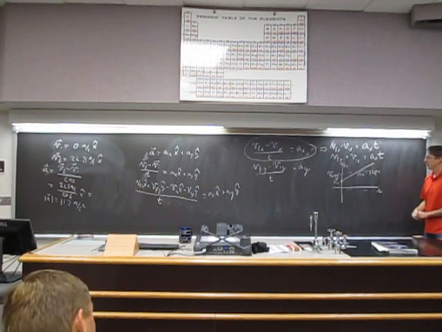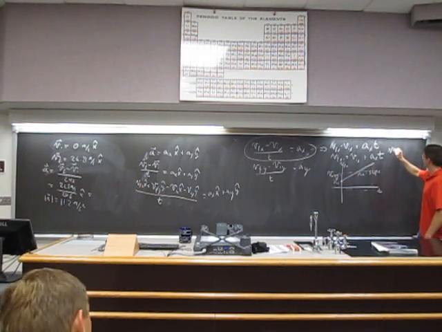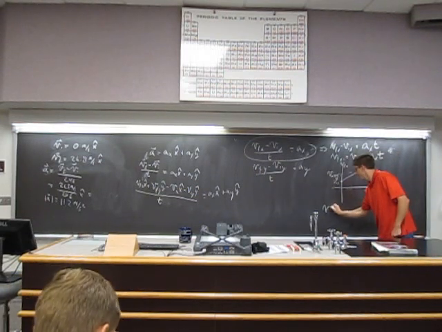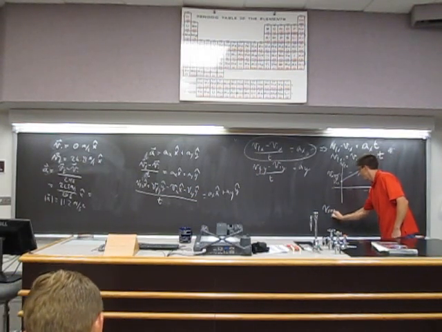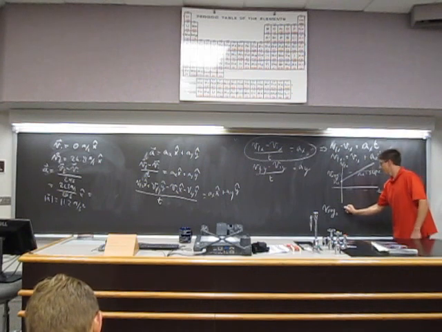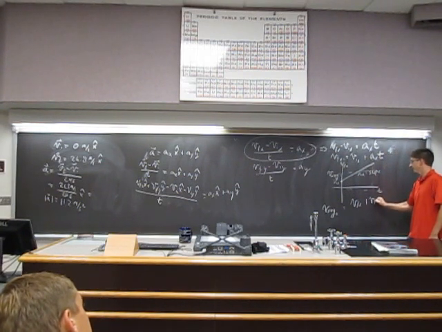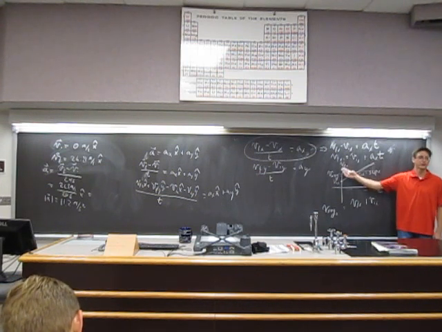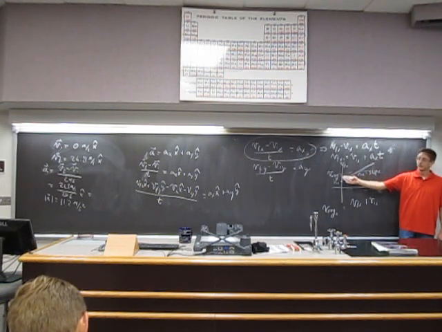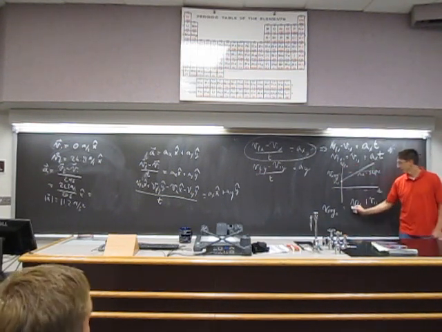This average velocity in the x direction, I can write it as the final velocity in the x direction plus the initial velocity in the x direction, divided by 2. If I average two numbers, right, I add them together and then divide by 2.